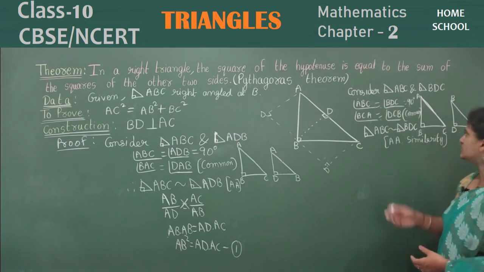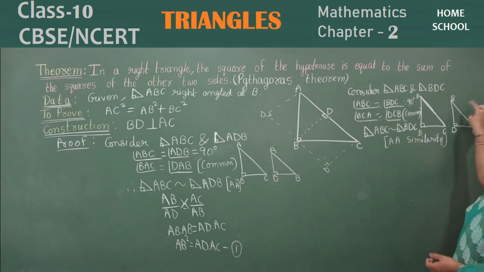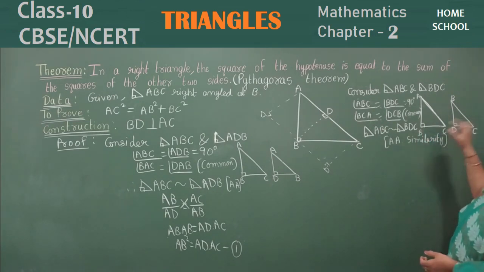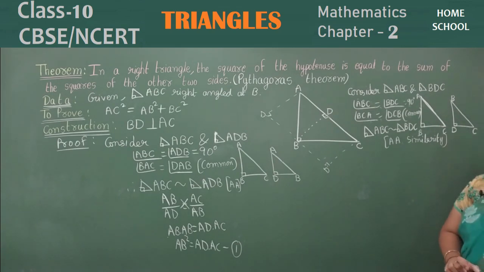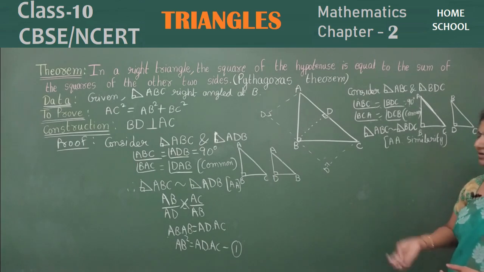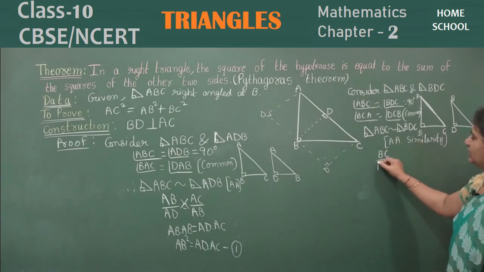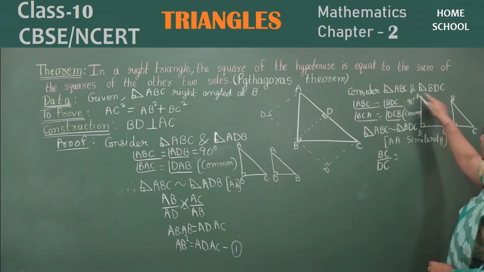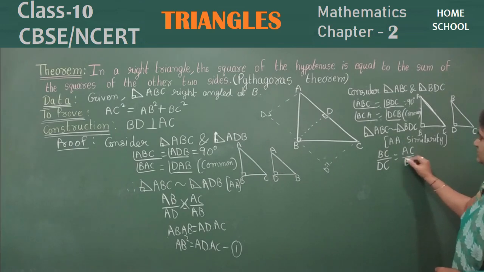Which ratios? Observe the common side. Where is the common side here? BC. Right? BC is there in two triangles. So BC is at the base here and BC is at the hypotenuse here. So which two sides? These two sides I need to compare. So let's take BC by DC is equal to AC by BC.